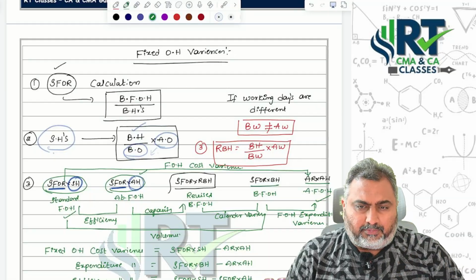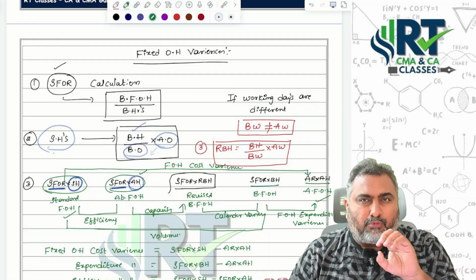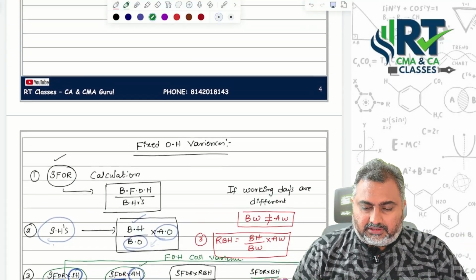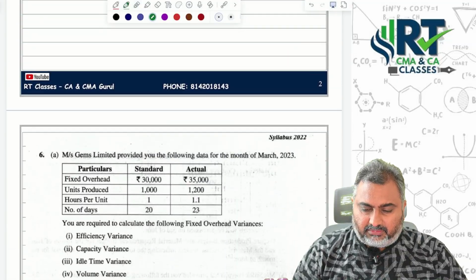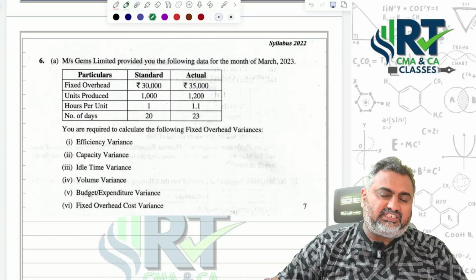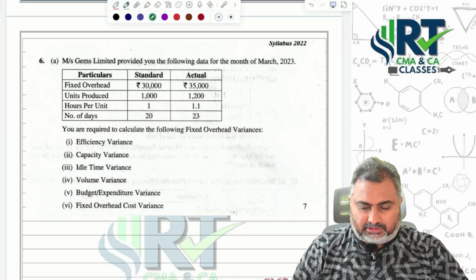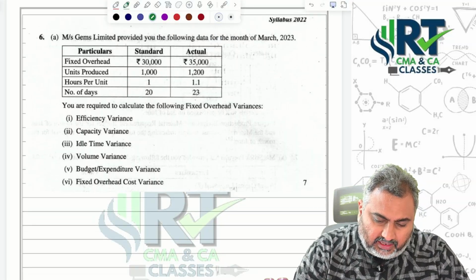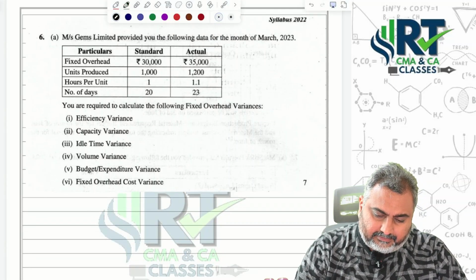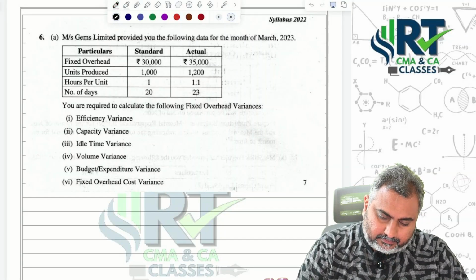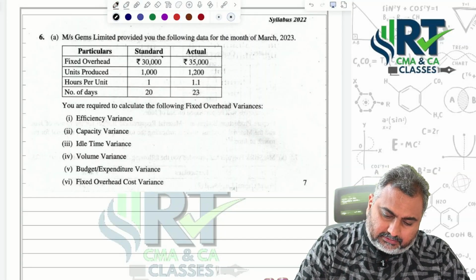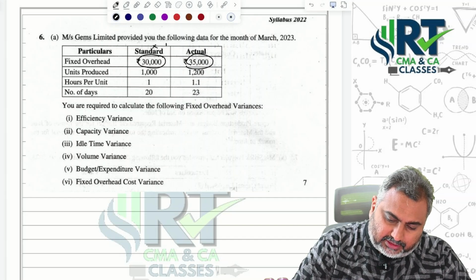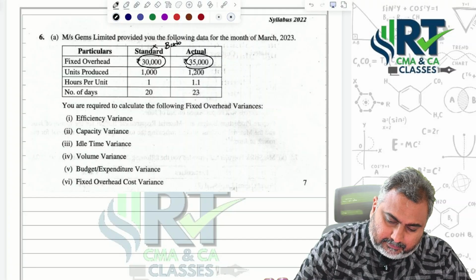By solving one problem, you will get more clarity regarding fixed overhead variances itself. So we'll take your previous examination question, the December 2023 attempt question. Let's see how to calculate the concerned things. Let's see what they have given. Fixed overheads, they are giving standard and actual. This is not standard, this is nothing but budgeted.